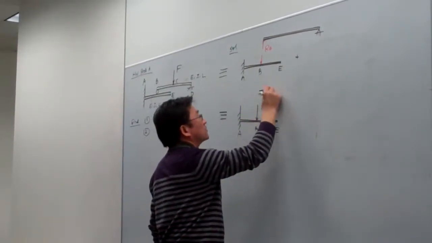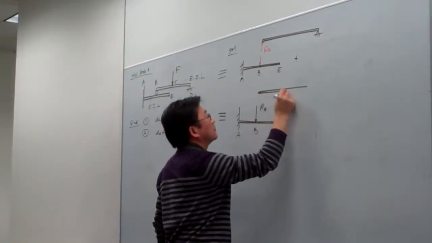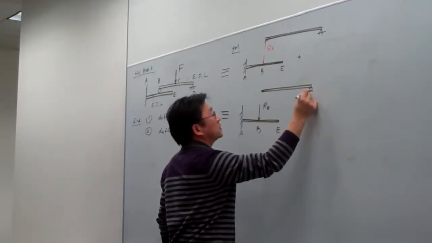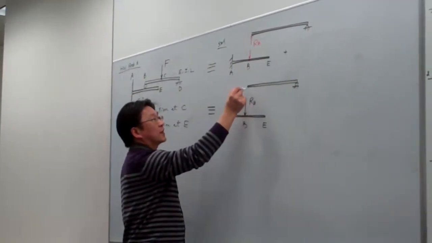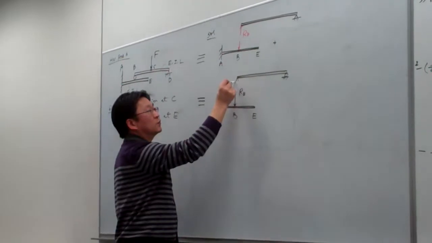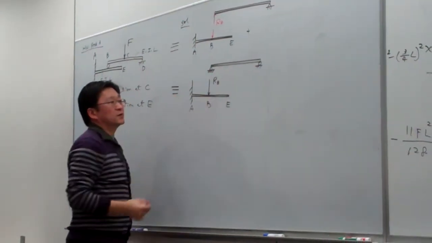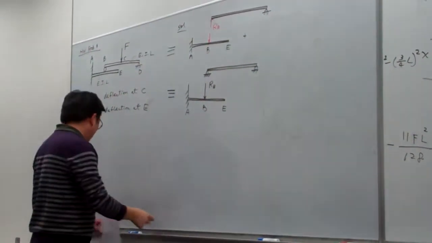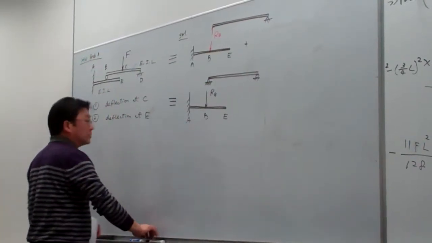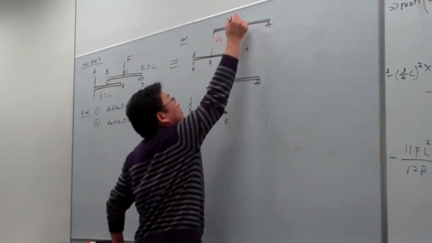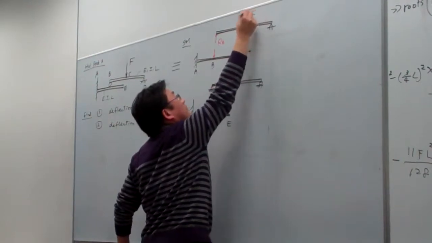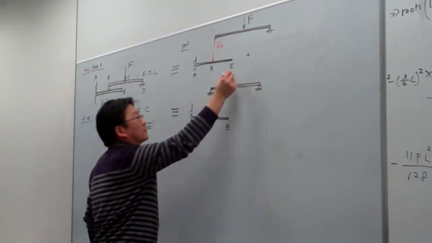And then on the top side, this is the support. And we know that this is a simply supported beam. Oh sorry, I forgot one thing here. Here I have a loading, here is F.